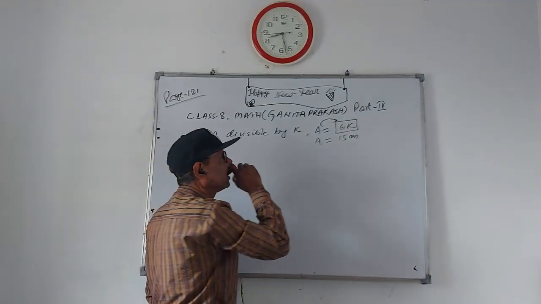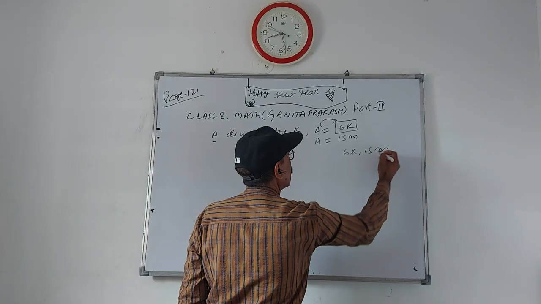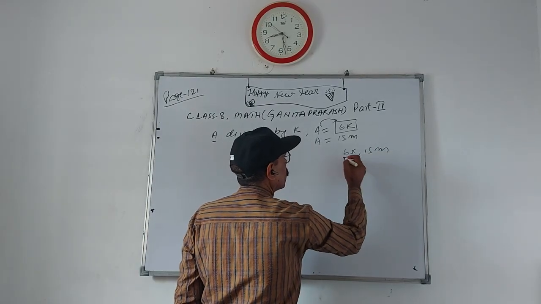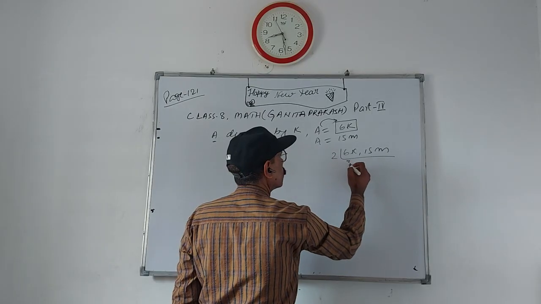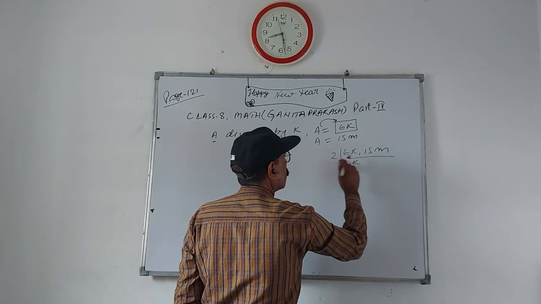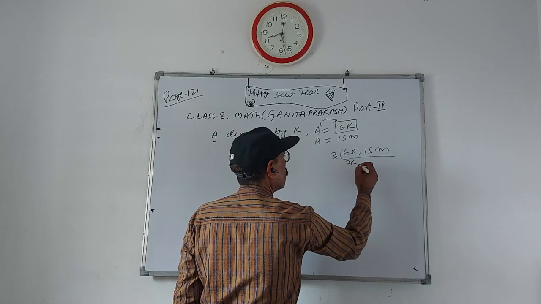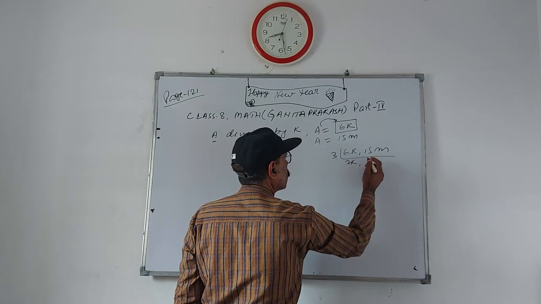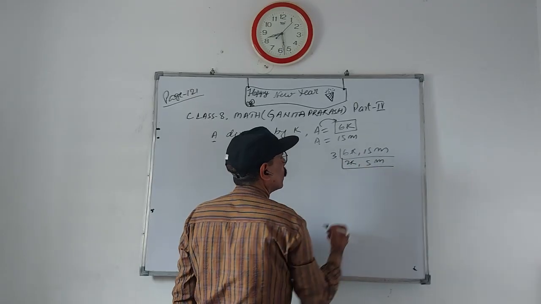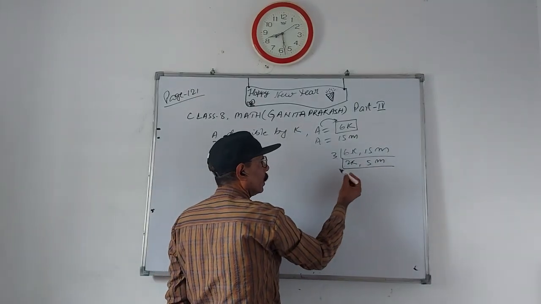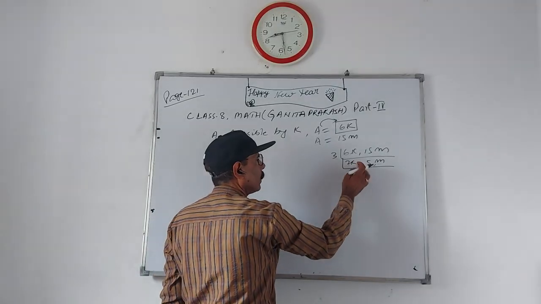Take the LCM of 6K and 15M. 6K is 3 times 2K, and 15M is 3 times 5M. Multiply: 2K, 5M.